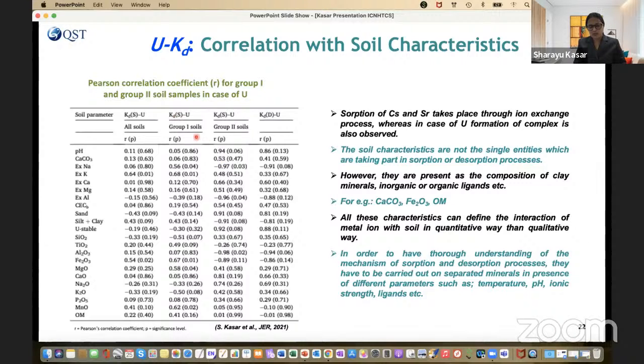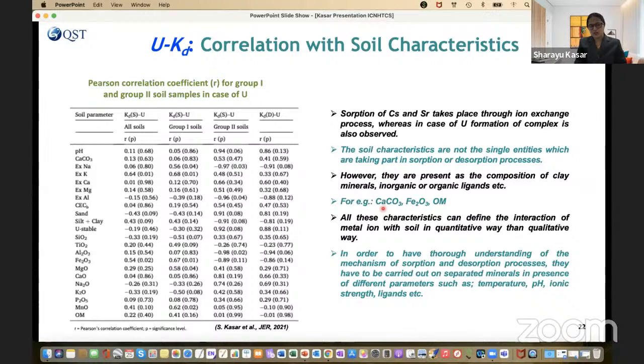I don't want to go into much detail because there is less time. So soil characteristics are not the single entities taking part in the sorption and desorption process. However, there are other factors like presence of ligands and minerals and composition of clay, which are playing a role in sorption and desorption processes of these metals.